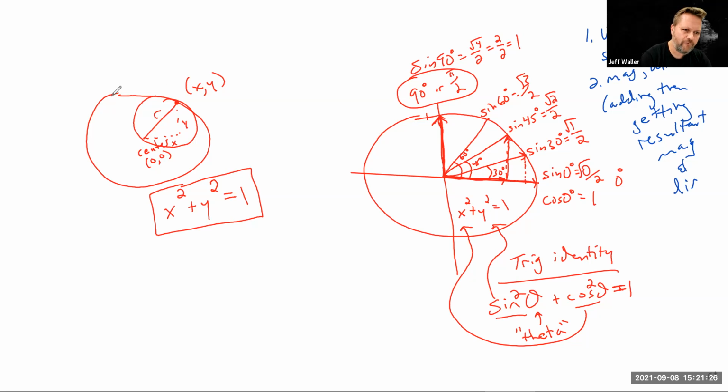The interesting thing is every point on this circle would create its own triangle, which we could then have a Pythagorean theorem for, and every single one of them says the same thing. The X side squared plus the Y side squared has to equal the hypotenuse squared, which is 1, because we're assuming it's the unit circle, right? Mhm.